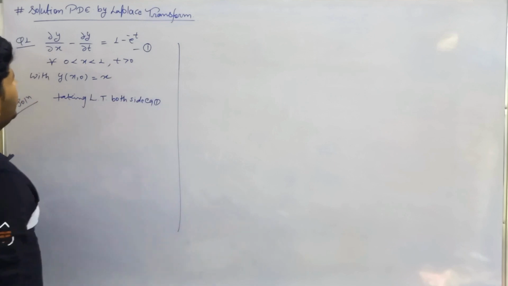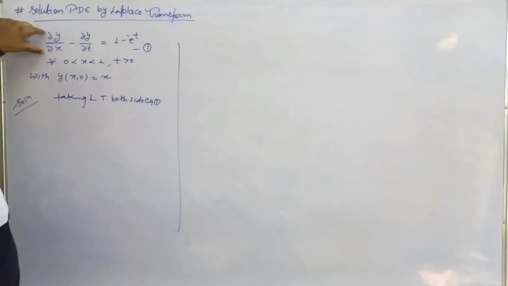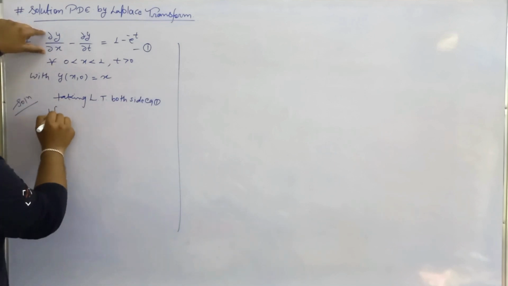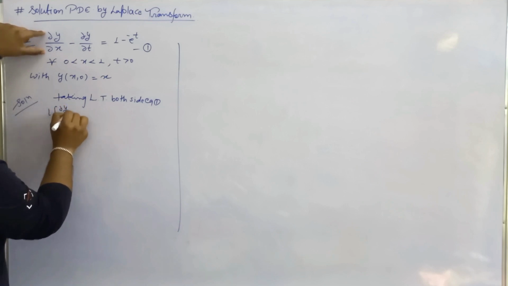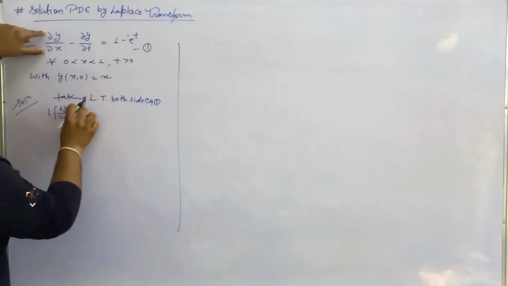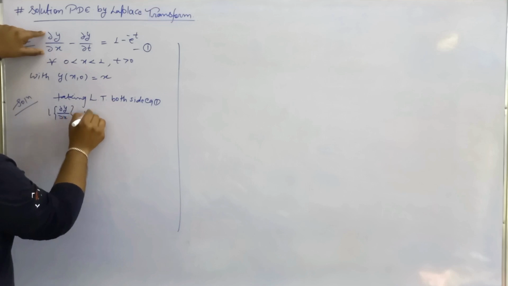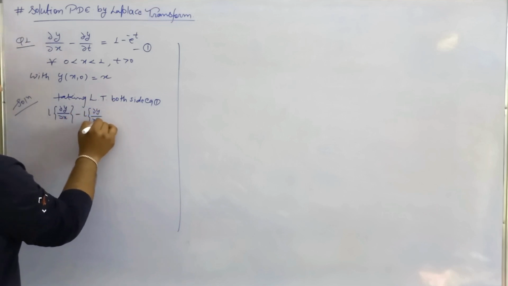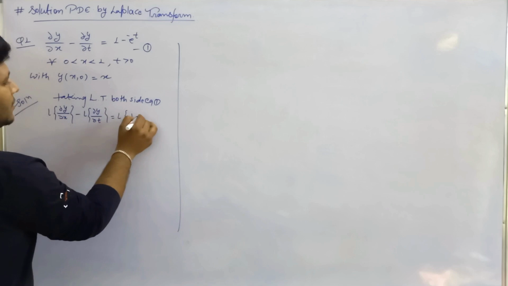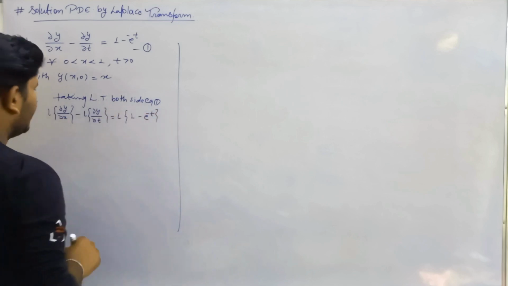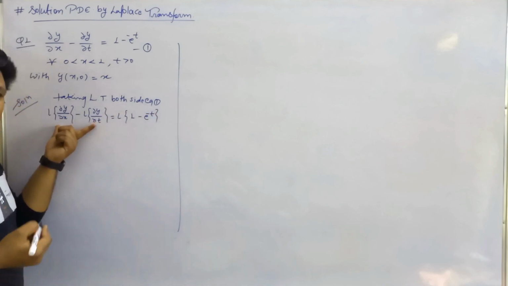So in equation number 1, we take the Laplace transform of del y over del x, the Laplace transform of del y over del t, and the Laplace transform of 1 minus e to the power minus t. These are standard terms, and we have proved these Laplace transforms.